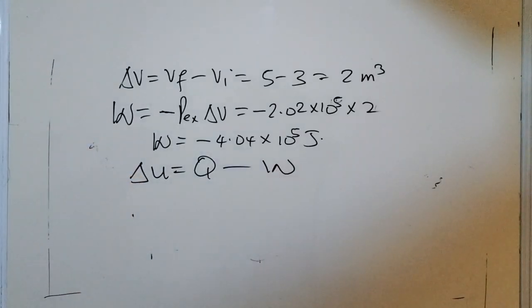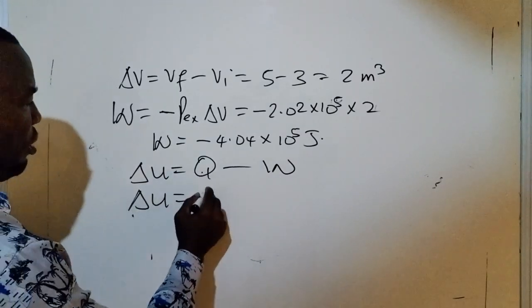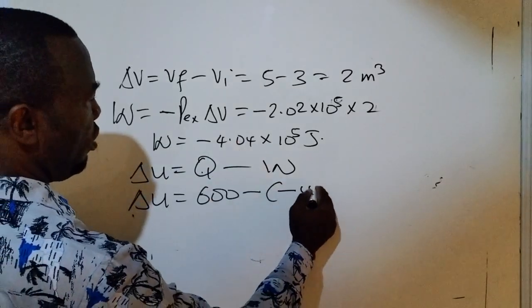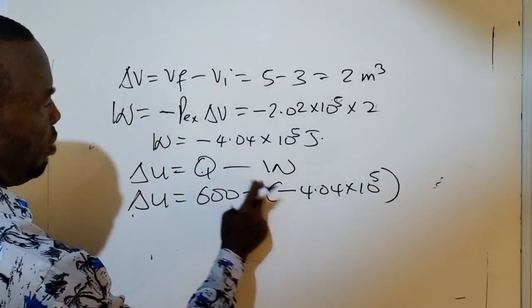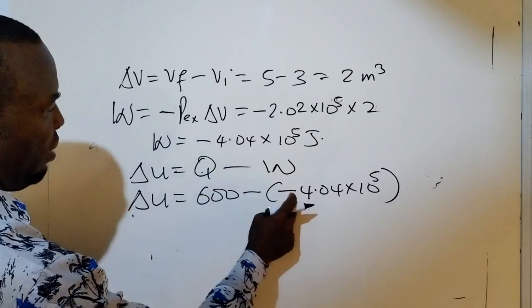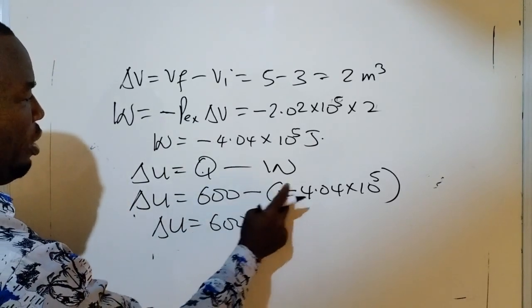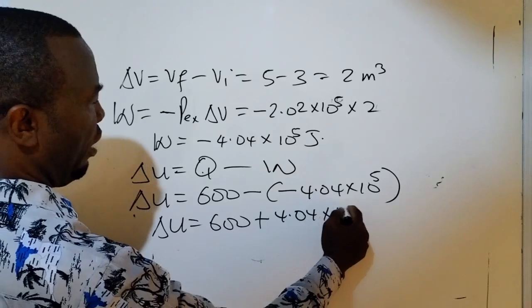Q minus work done, and Q is the heat. So the quantity of heat given to us in the equation is 600 minus the work, which is negative. So you can see that negative sign appearing 2 times, minus here and then this carried minus. So the change in energy becomes 600 minus will give you plus 4.04 power 5.